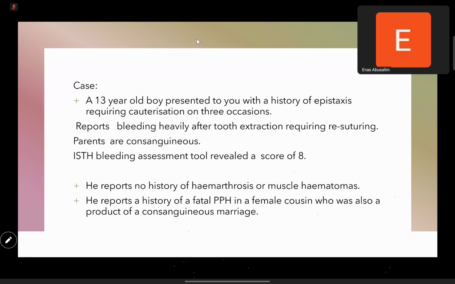He reports no history of hemarthrosis or muscle hematomas.